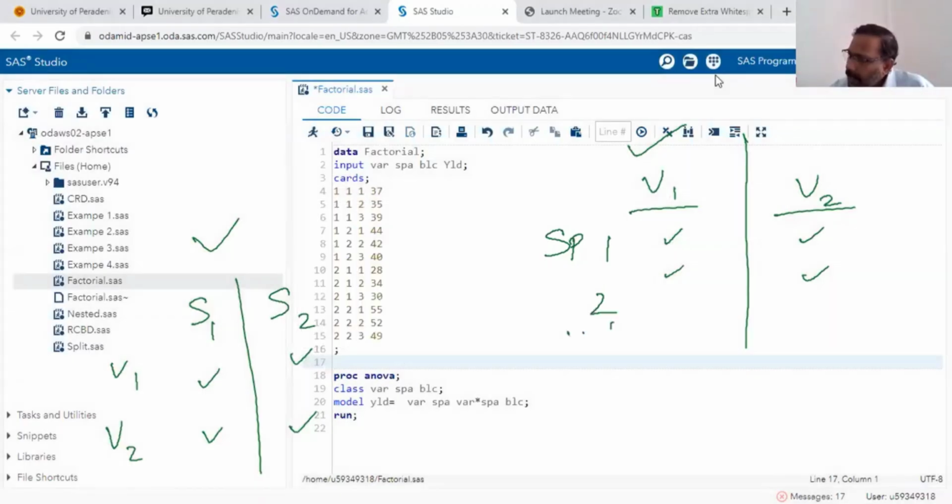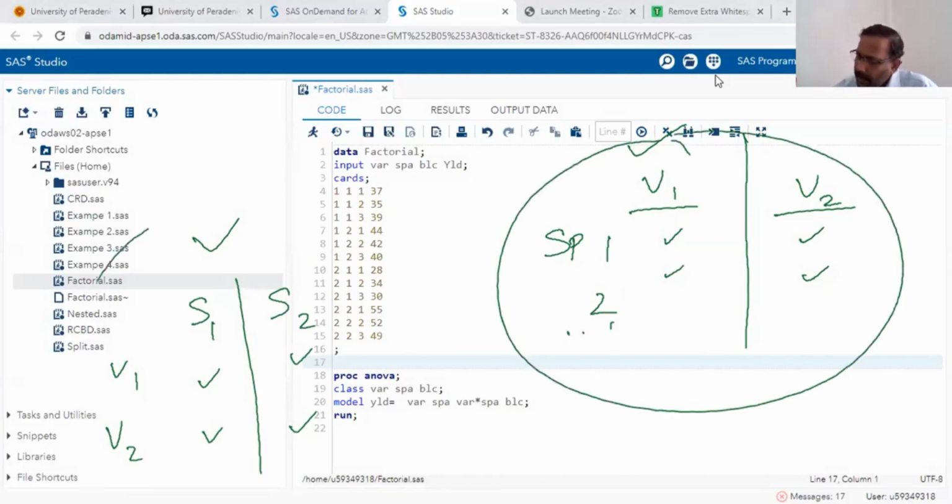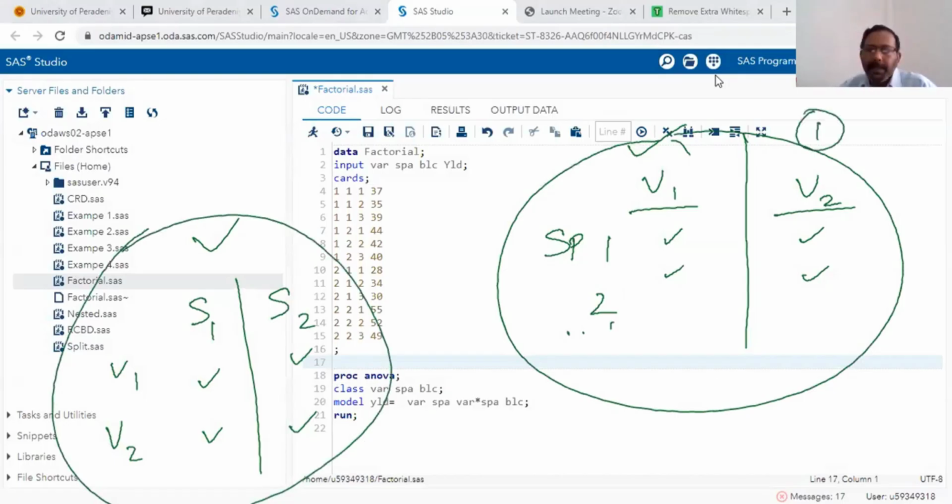What I said is, there are possibilities in mean separation. One way is to keep the variety constant and explain the spacing. For example, for variety 1, which spacing is good? Which spacing gives a high yield? For variety 2, which spacing gives the high yield?